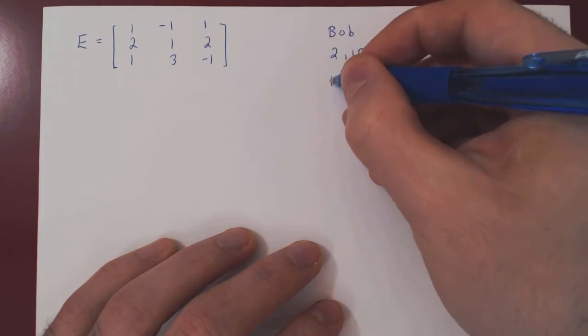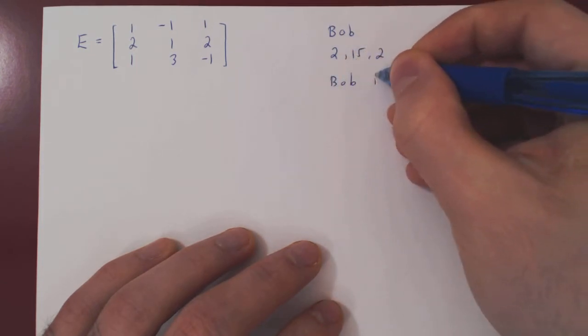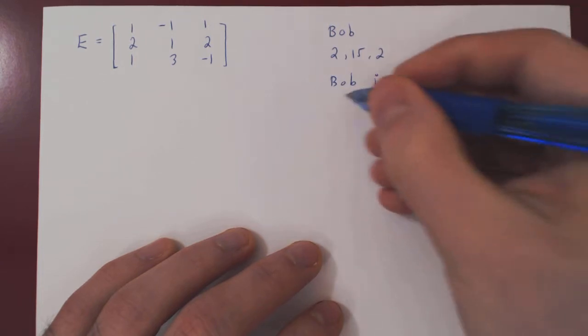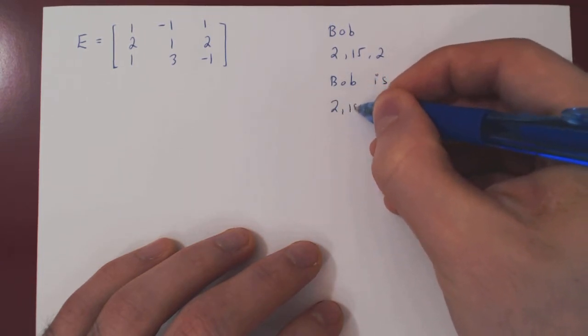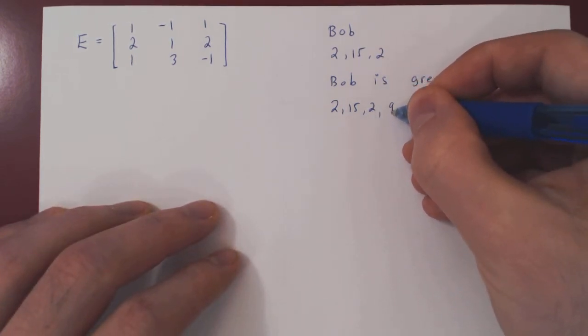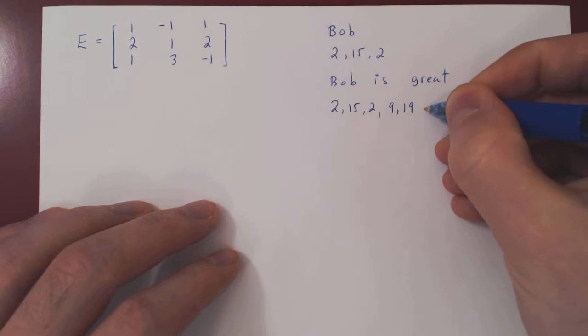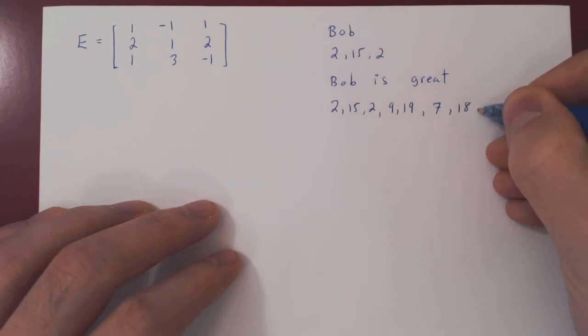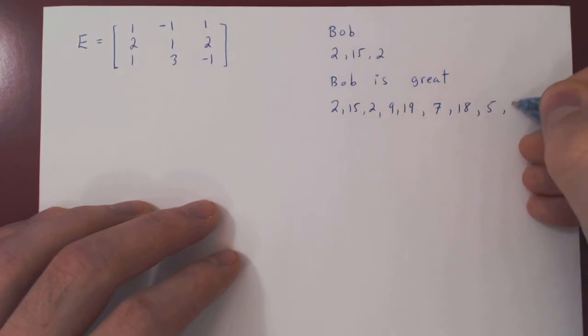Then we had Bob is great. And this was 2, 15, 2, 9, 19, 7, 18, 5, 1, and 20.